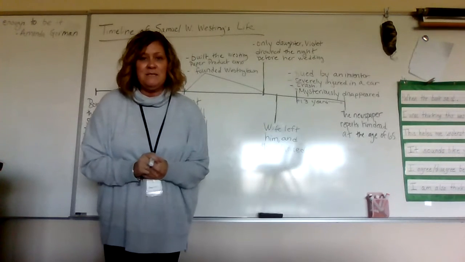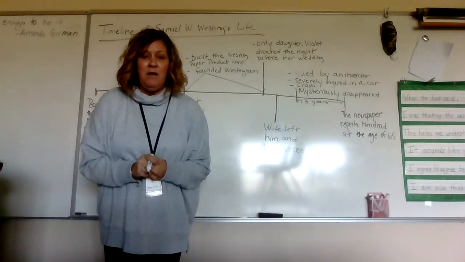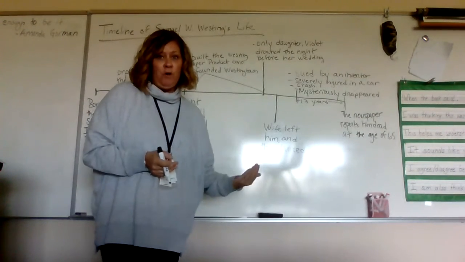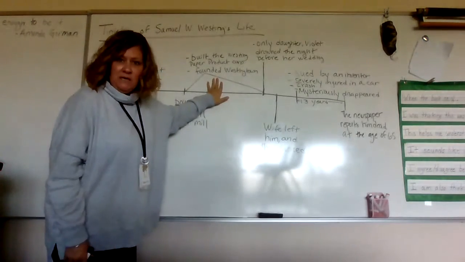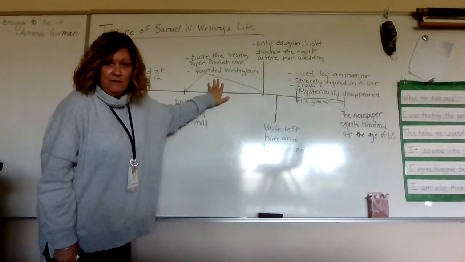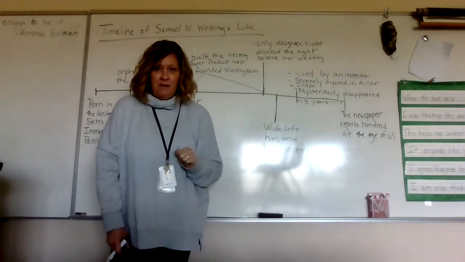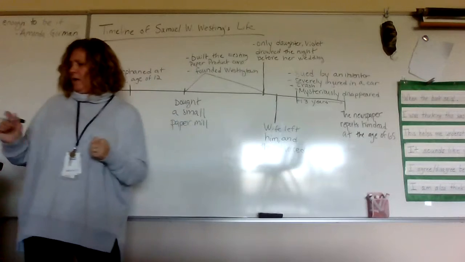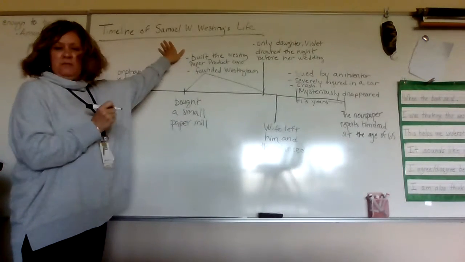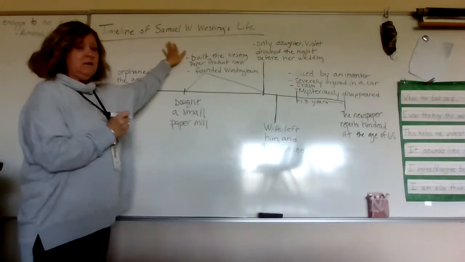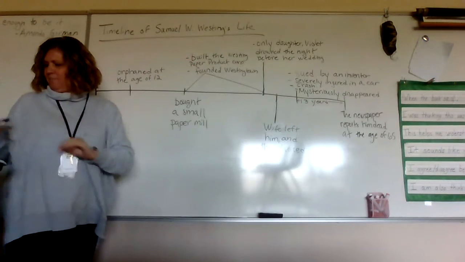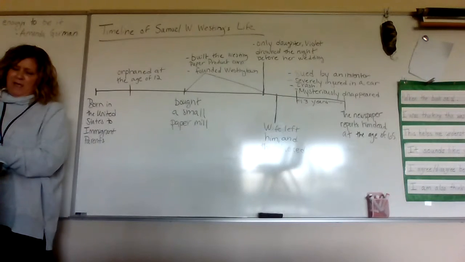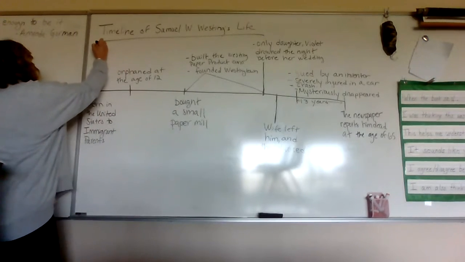So Ellen Raskin did use that idea of being able to go from rags to riches, an orphan to founding a town, in the life of Samuel Westing as the American dream. Okay, so we are going to write that right underneath this timeline, this heading of this timeline. Okay, so we are going to say the American dream, rags to riches.